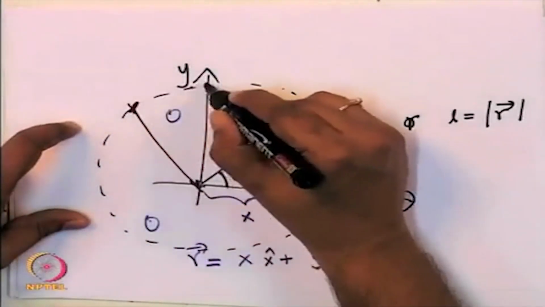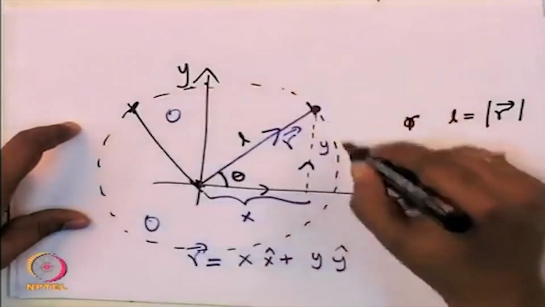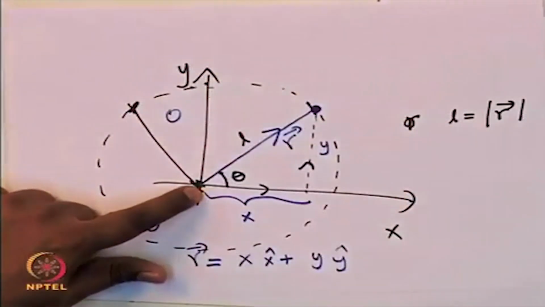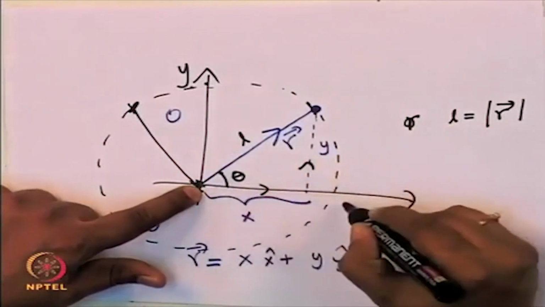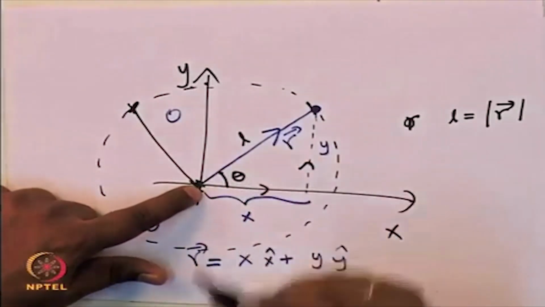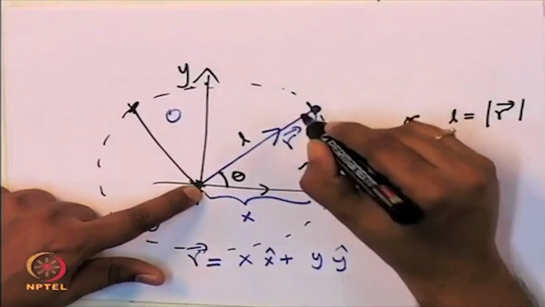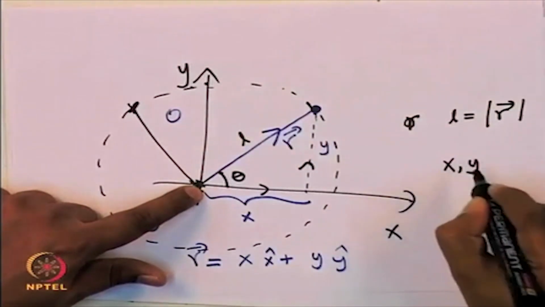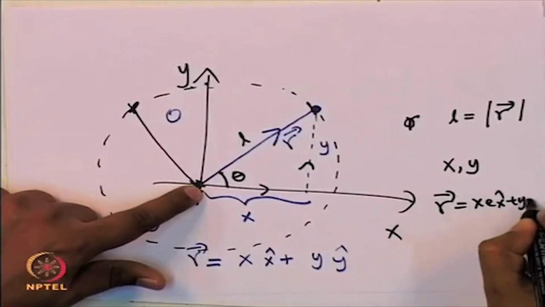Even this point is L distance away from the center, and even this point. But if we specify this L and this angle theta from the x axis, then there is only one unique point, that is this point. So, the position of this atom can be represented either by an x and a y, such that r is x e_x plus y e_y.